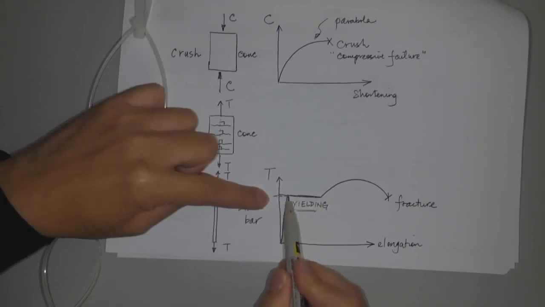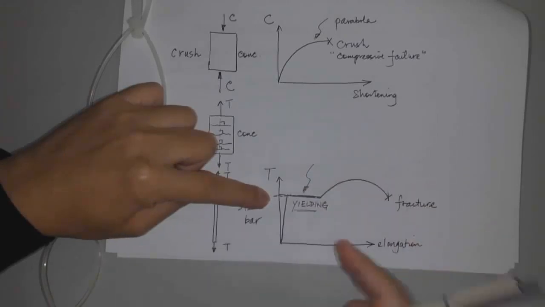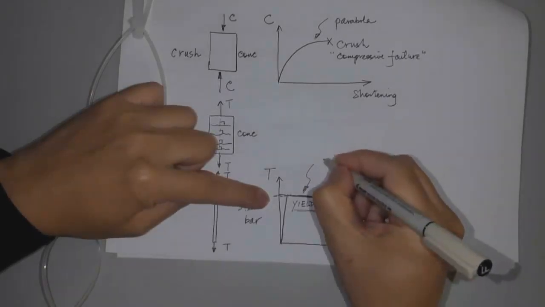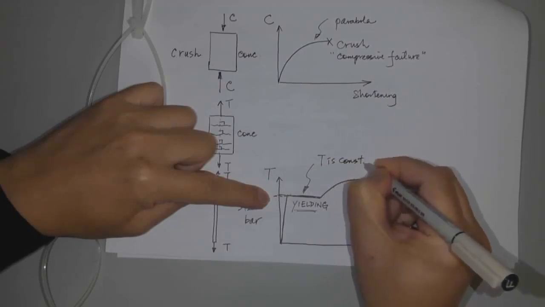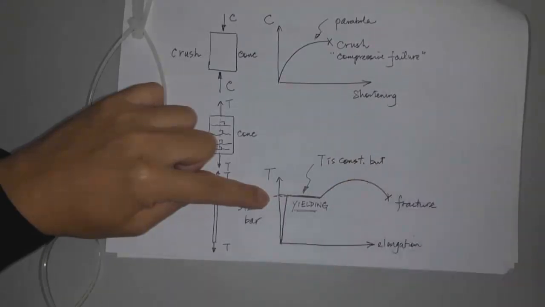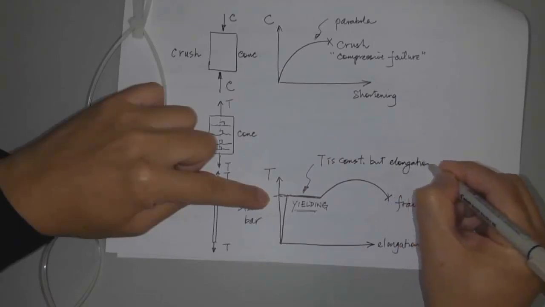Right? T is constant in this region. But the elongation keeps increasing. So this part, what yielding means, it's T is constant, but the elongation keeps increasing.